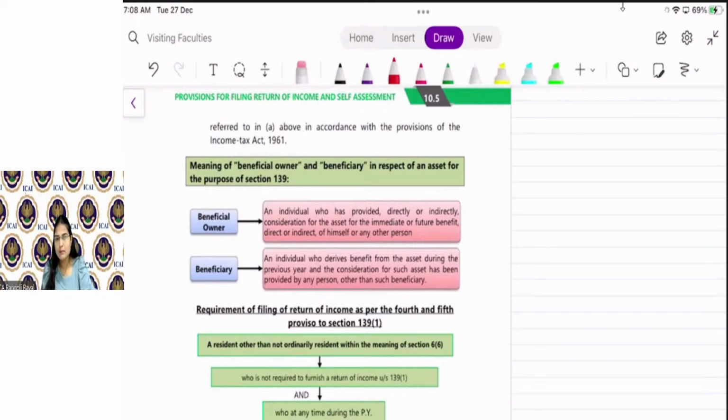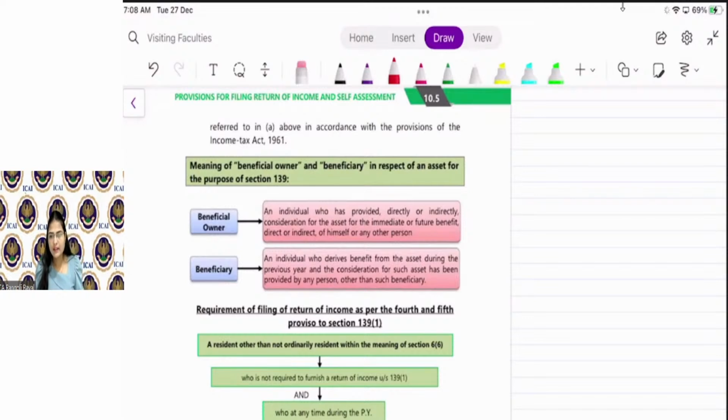Say, for example, Mr. X purchased a house property, and for that, Mr. X is giving the consideration. But the beneficiary is his son, so the rental income generated from the house property is received by his son. So his son is called the beneficiary, and Mr. X is called the beneficial owner.